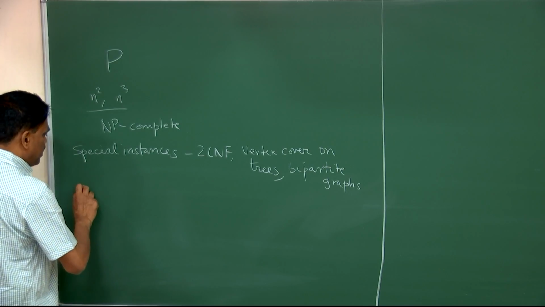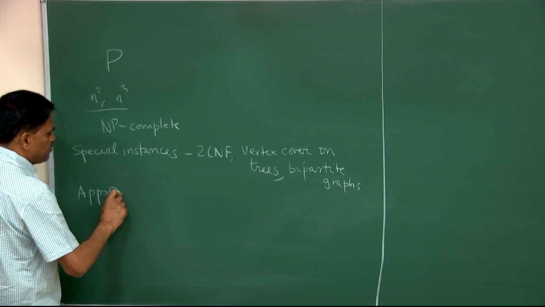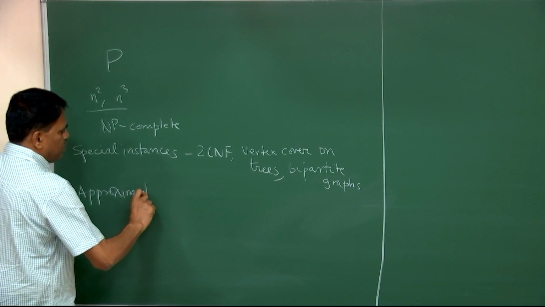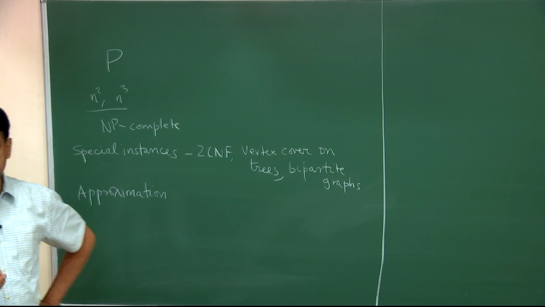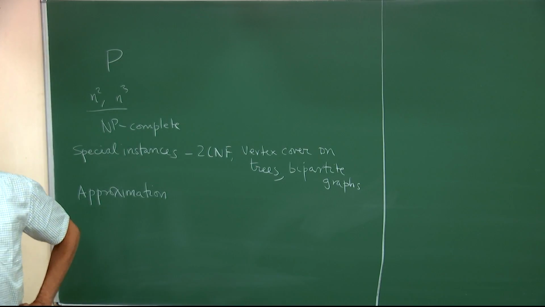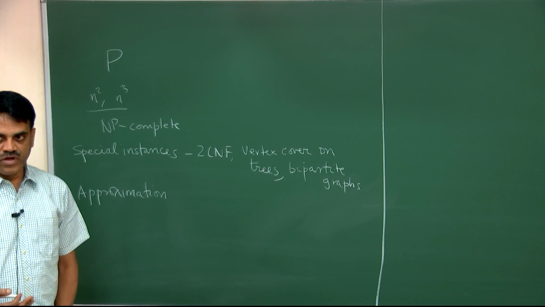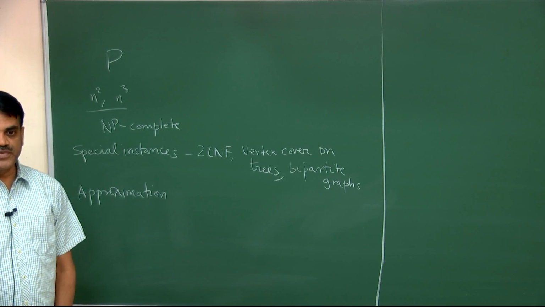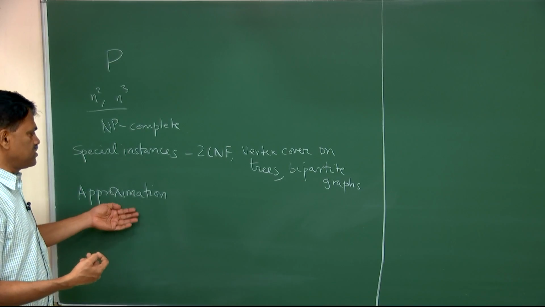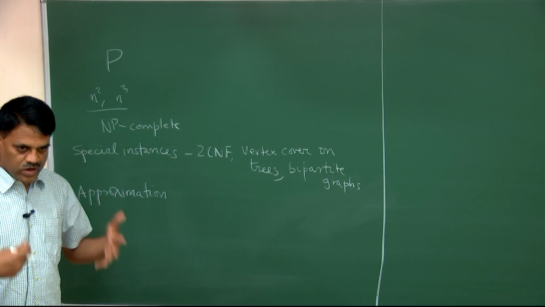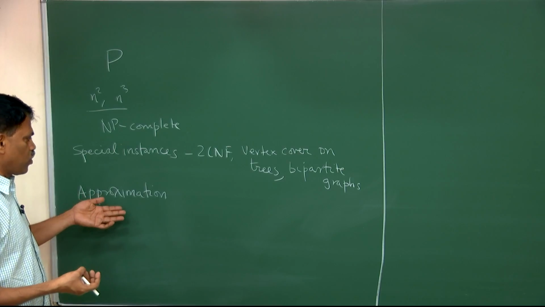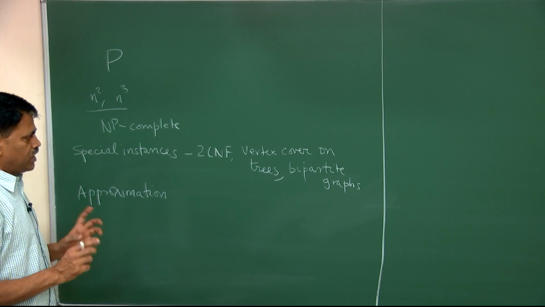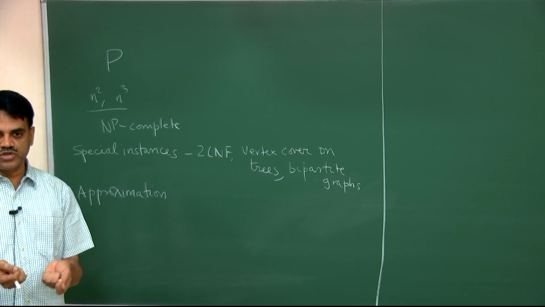The other big approach is approximation. You look at an optimization problem and relax the condition that I really want the optimum solution, and we are happy with something close to it. The big challenge is, we want a polynomial time algorithm, but I am happy with getting something close to optimum, and the big challenge is to figure out how close to the optimum it is, right.